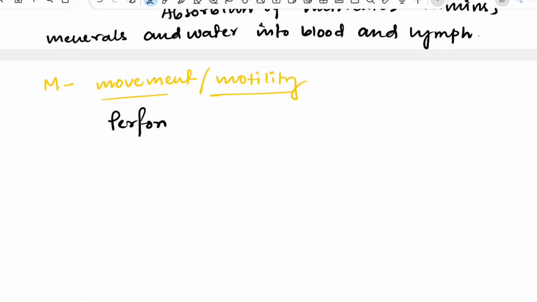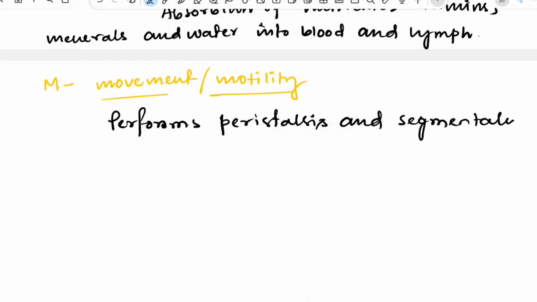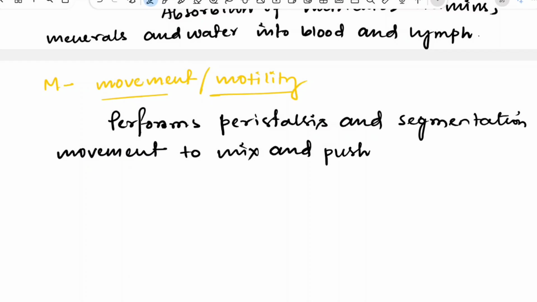So it performs peristalsis and segmentation movement to mix and push food forward.